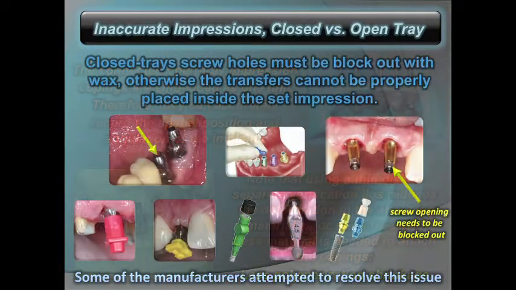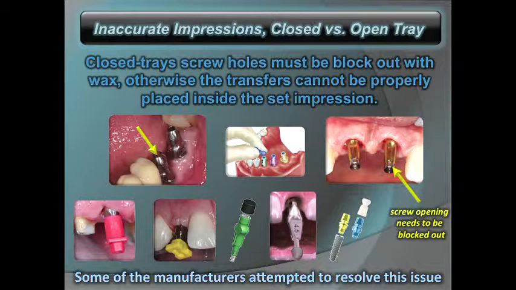The next practical factor, the other complication that you may get, is with the closed tray impression copings. In most cases, closed tray impression copings have this little spot for the screw.